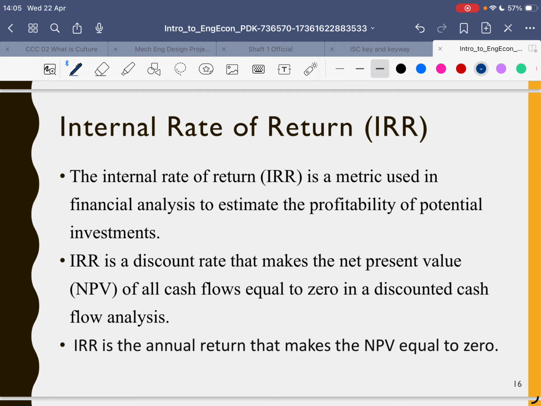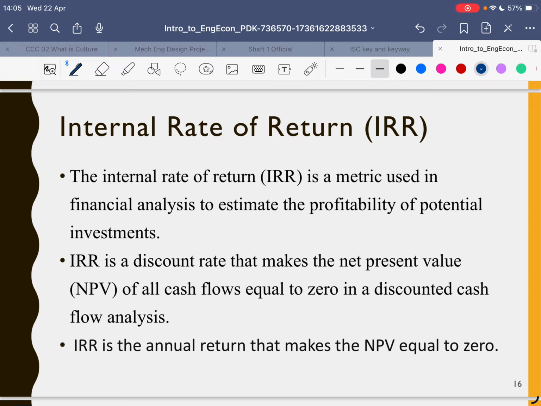Basically, if you want to calculate IRR, you want to find the discount rate or interest rate that makes net present value equal to 0. Say it again.